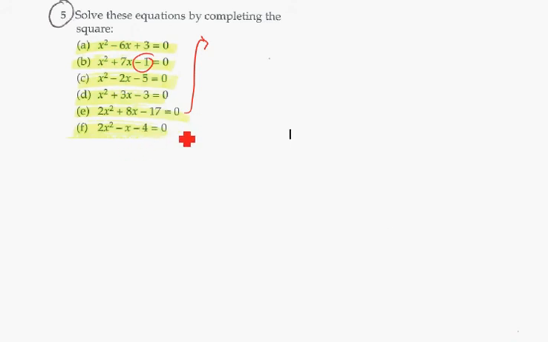So if we start with F this time, we pull out the 2, leaving me with x squared minus x over 2 minus 4 divided by 2 is 2 equals 0.